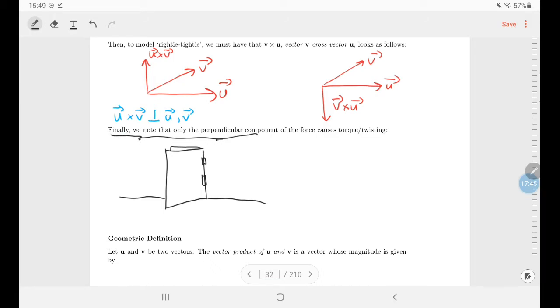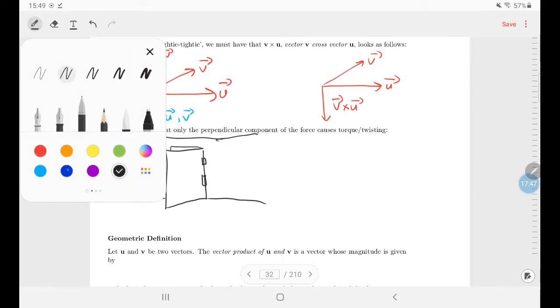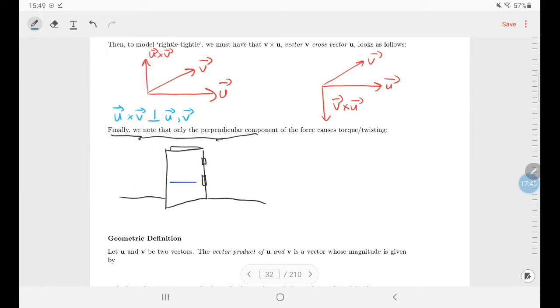Now, if you're going to apply a force, say here, in an effort to close the door, not all of the force is going to cause any kind of a moment, because what you can do is decompose the force into a bit that is perpendicular to the door and a bit that's parallel to the door.